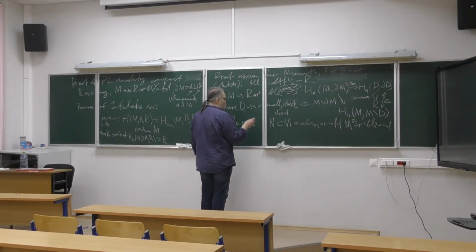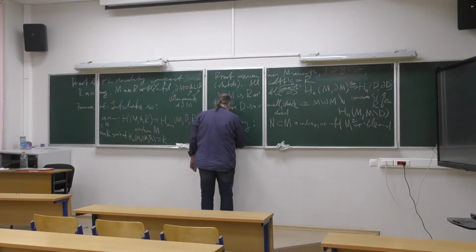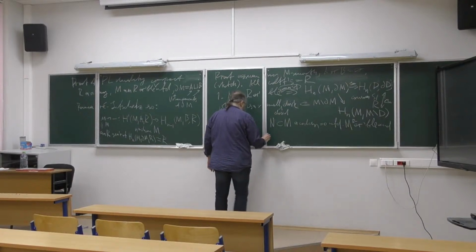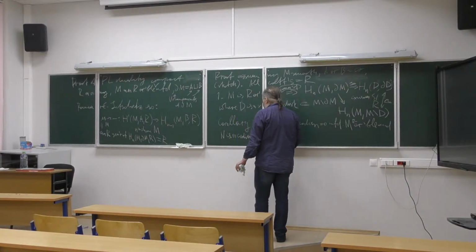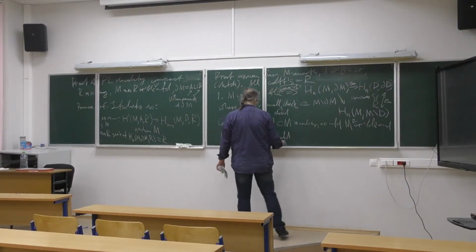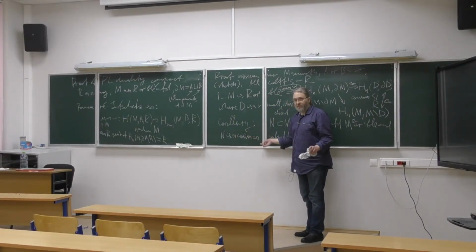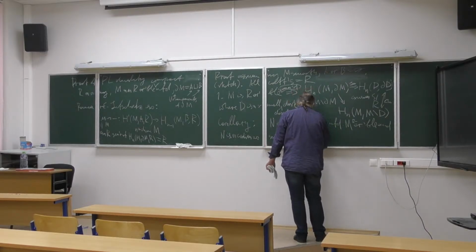If M is R-orientable and connected, and N is a codimension 0 submanifold, which may or may not be connected, then N is R-orientable.